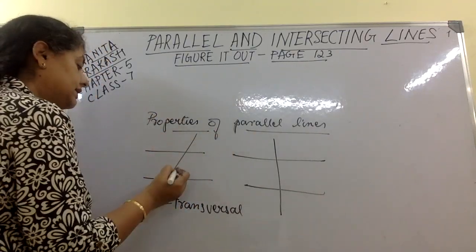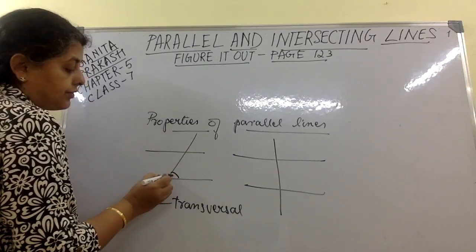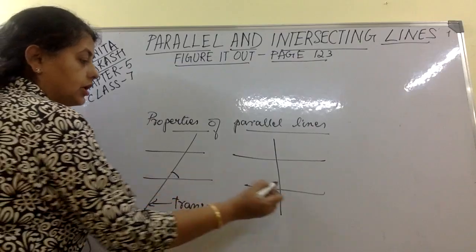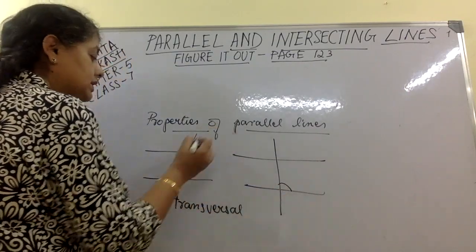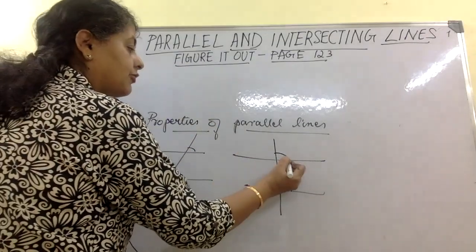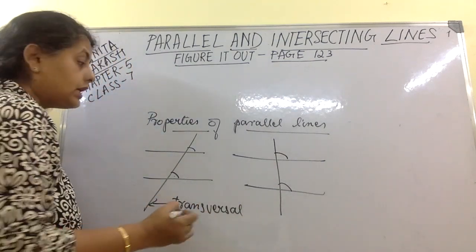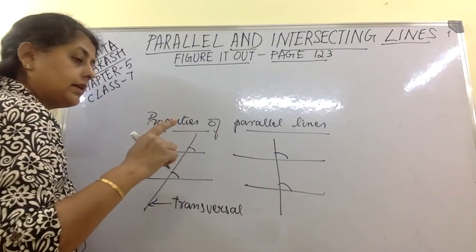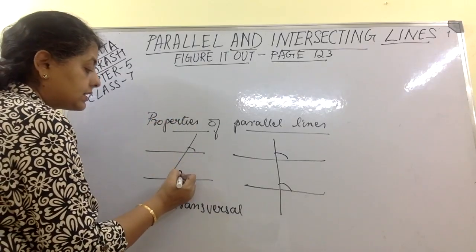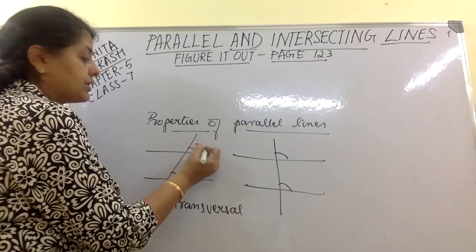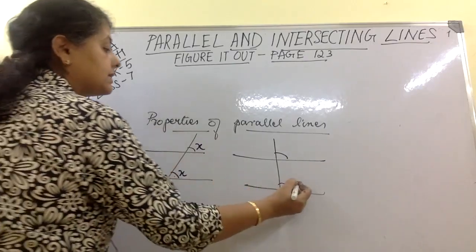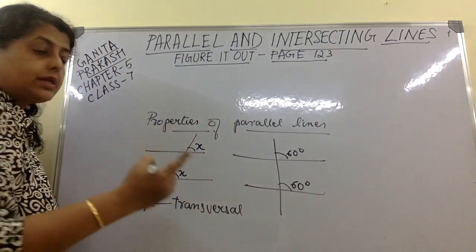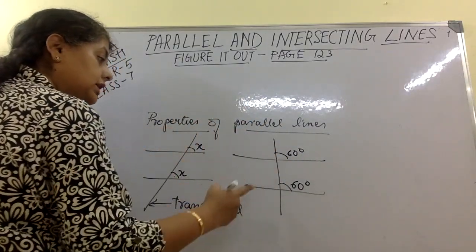Think of the ladder: you put your foot here, and the next foot here. These places, these angles, are equal. If this is x, this also is x, or if this is 60 degrees, this also is 60 degrees. These two angles will always be equal.